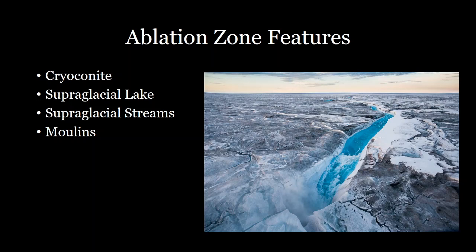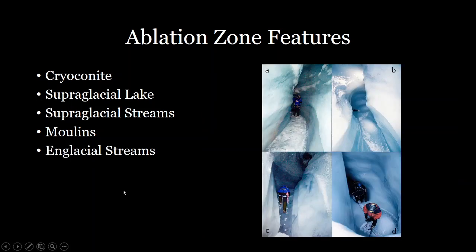So a moulin is a hole that a superglacial stream flows into that goes all the way from the surface down to the base of the glacier. So it's kind of a channel that the superglacial stream flows into and can reach all the way to the bed. So as it flows down to the bed, that channel is known as an englacial stream.